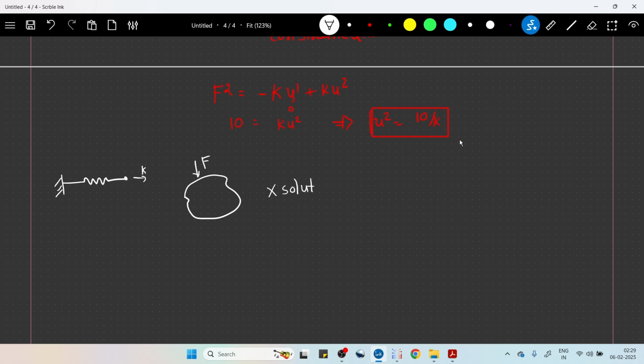And we are only talking about static problems, not dynamic terms, not inertia forces. Since we are trying to understand FEM through a 1D example, we'll go with as simple as possible: 1D element, 1D space, 1D static. So if I apply some force here, we cannot get a solution.